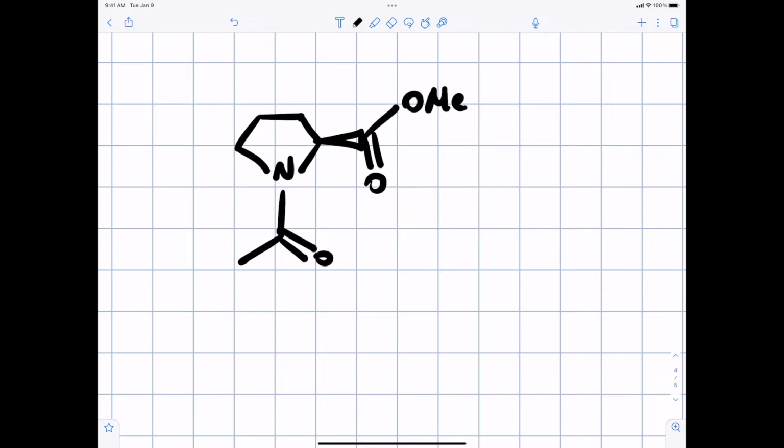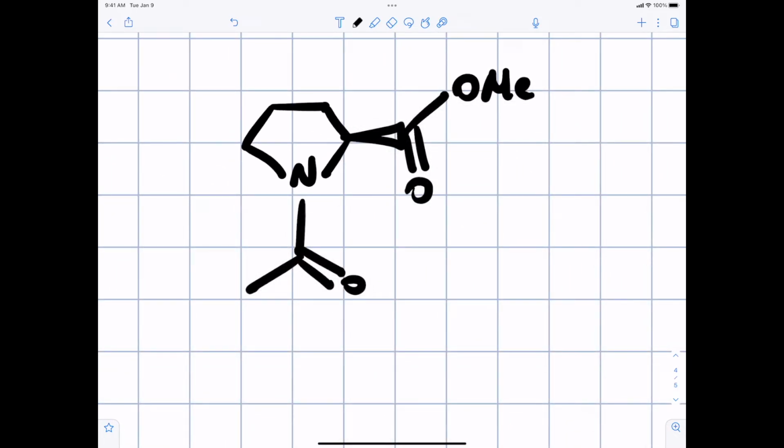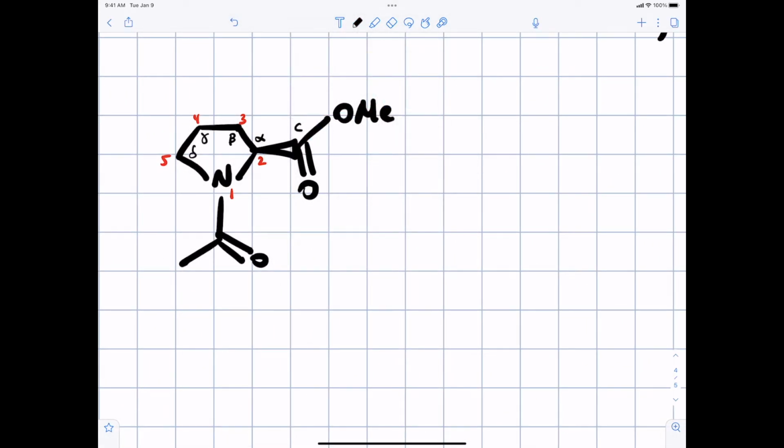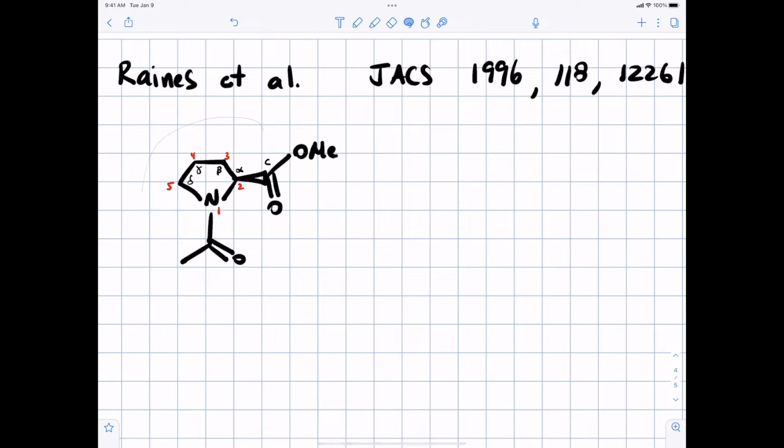Carbons in proline: this is the carbonyl carbon, this is the alpha, beta, gamma, and delta carbons. But they're sometimes also numbered 1, 2, 3, 4, and 5. And then we'll compare that.